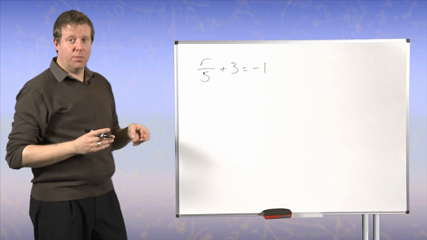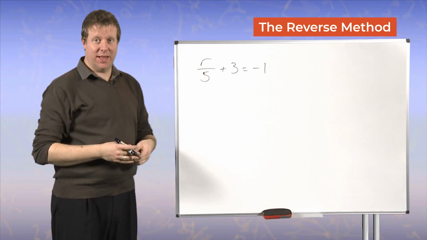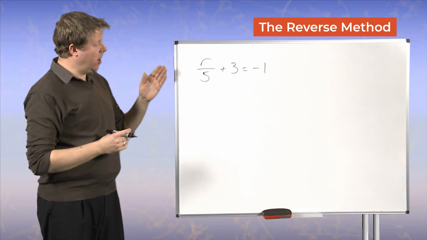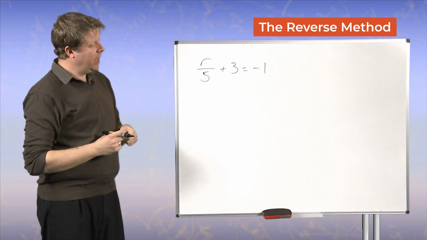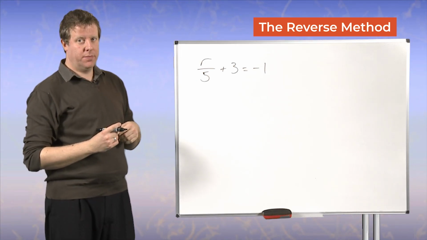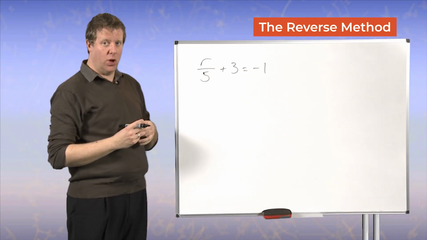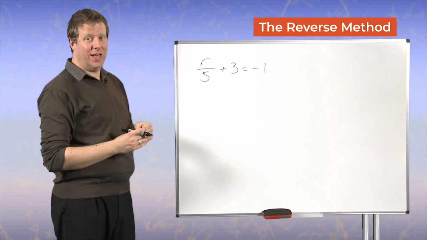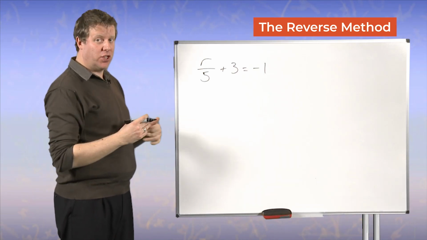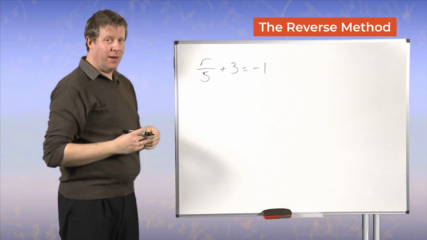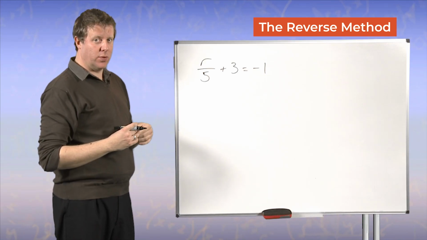In our final example, we're going to use the reverse method, and it's for this equation here, r over 5 plus 3 equals minus 1. So remember how the reverse method works. We look at what's being done to our letter and then perform the reverse operation on that number that's on its own on the other side of the equal sign.